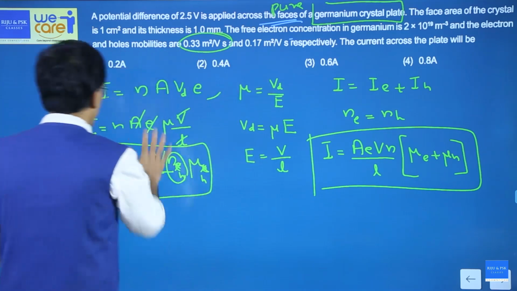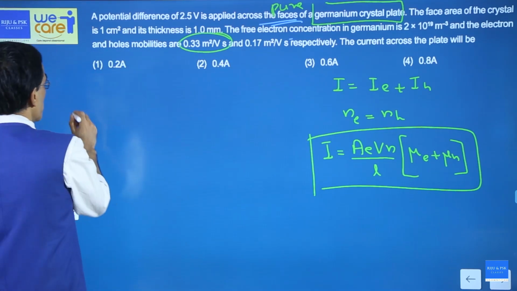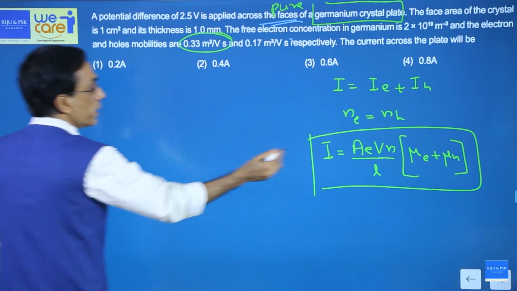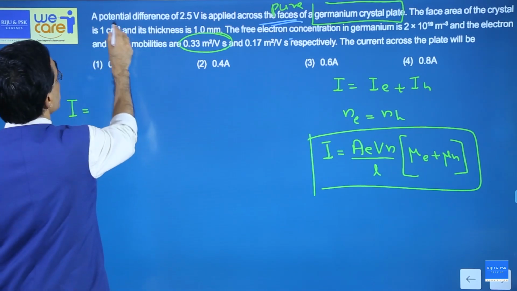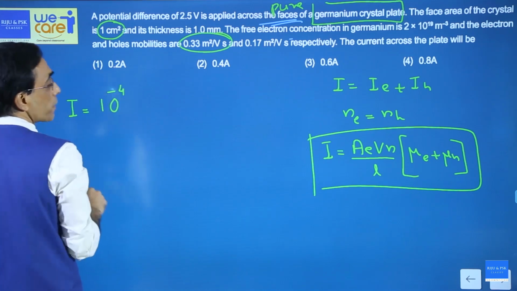Now let us evaluate it. Let us substitute the values. So what is the current I? I equals A. What is the area of the cross section? That is 1 centimeter square, which will give you 10 to the power minus 4 meter square.